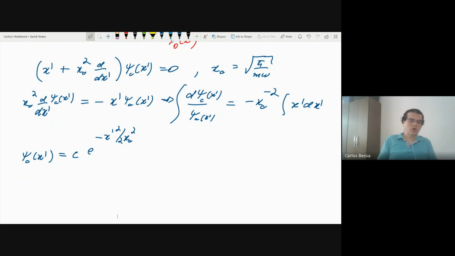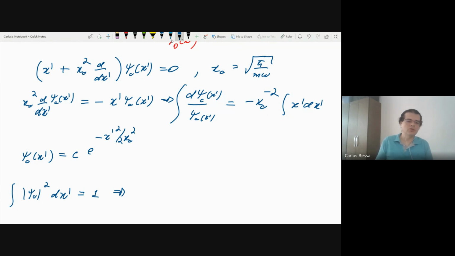So to find the constant a, we have that this is psi 0 squared, the integral of x prime squared is equal to 1. Okay, this I'll do a little bit quicker, because we solved it in the past. The examples I show with more details.